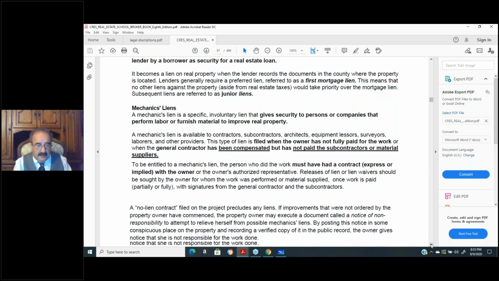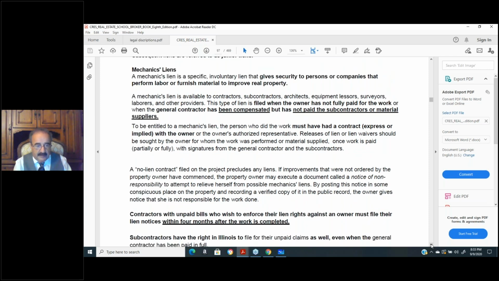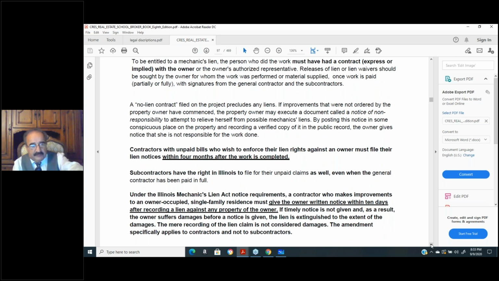Now, let me skip a couple paragraphs. See this two-line paragraph starting off with contractors with unpaid bills. Highlight it, put an X by it. This is something that always shows up on a state exam. Contractors with unpaid bills who wish to enforce their lien rights against the owner must file their lien notices within 4 months after the work is completed.